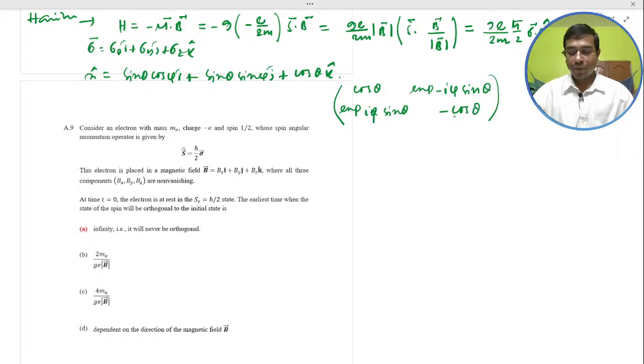The eigenvector corresponds to the eigenvalue. This is a matrix, the spin matrix of this spin algebra.